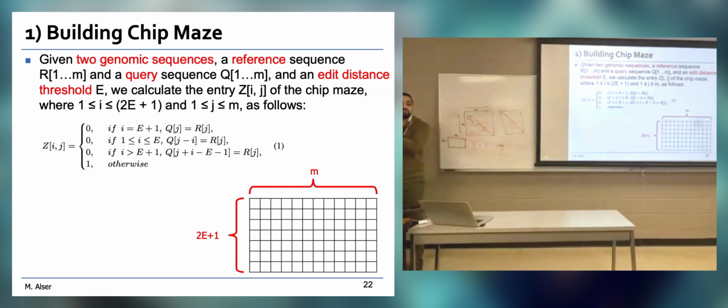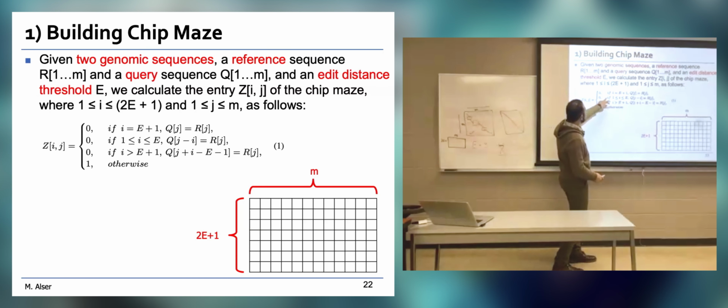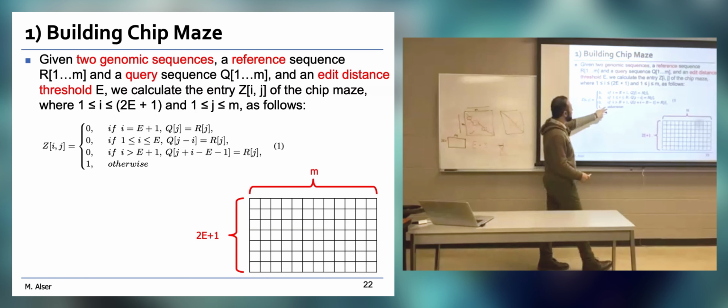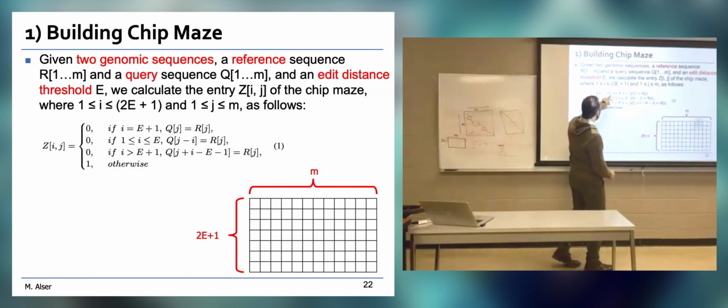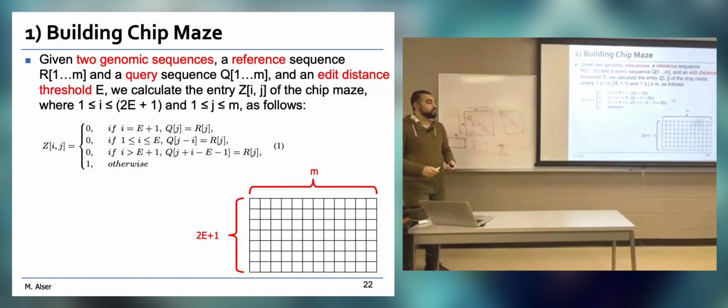If they are not similar, do something else. The exact same thing over here. So we have 4 conditions. We fill it with binaries, only 0 or 1. So whatever the equation over here, if it's satisfied, then 0. If not, it is 1, okay? So that will be a binary chip maze. Here there will only be zeros and ones. And that's the second difference between the sequence alignment and pre-alignment filtering, okay?